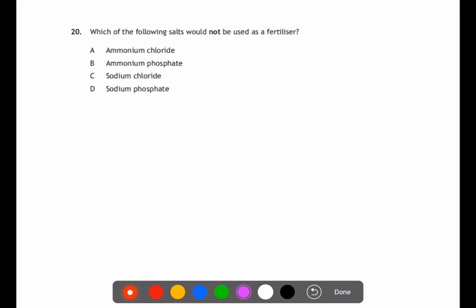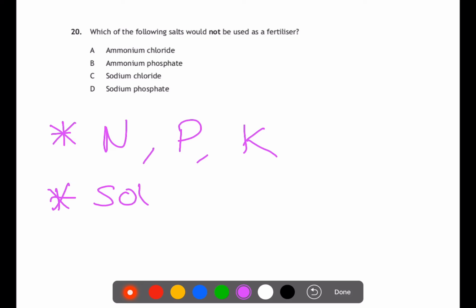Question 20. Which of the following salts would not be used as a fertiliser? So there are two characteristics of a fertiliser that we need. The first is it needs to contain at least one of the elements nitrogen, phosphorus and potassium. It also needs to be soluble. So ammonium chloride has the formula NH4Cl.